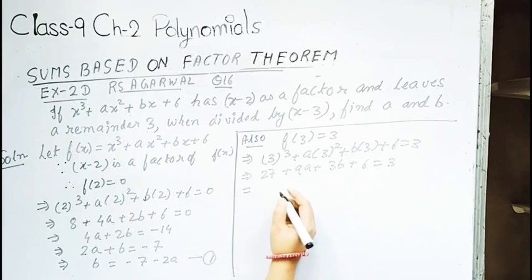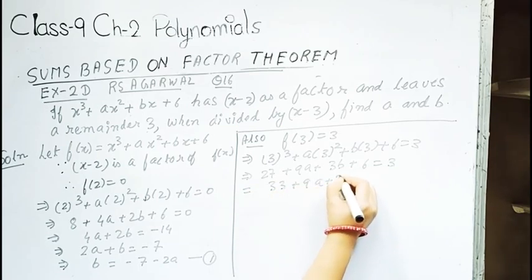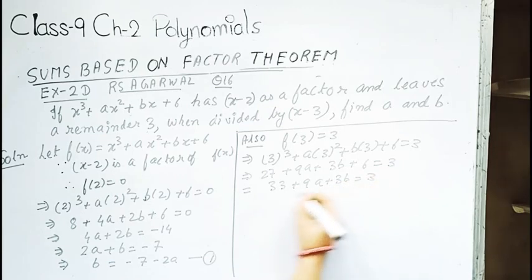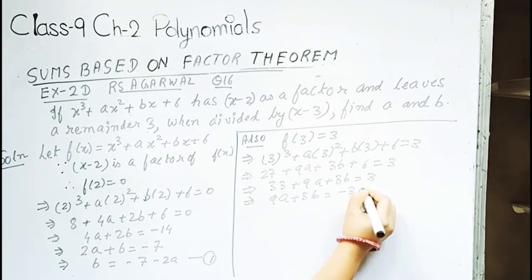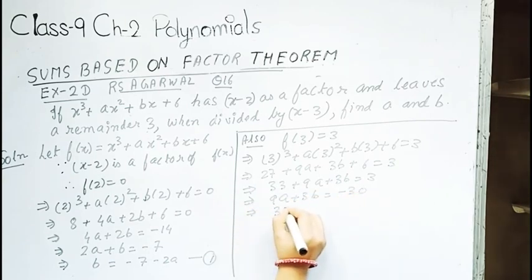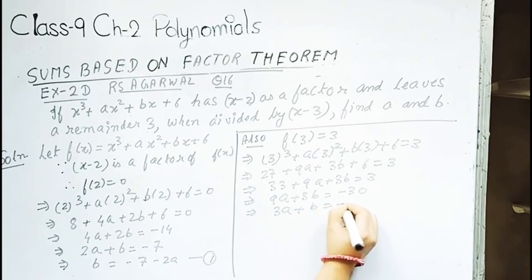So this will be 33 plus 9a plus 3b equals 3. This implies 9a plus 3b equals minus 30. This implies 3a plus b equals minus 10.